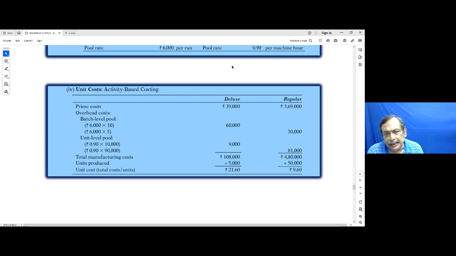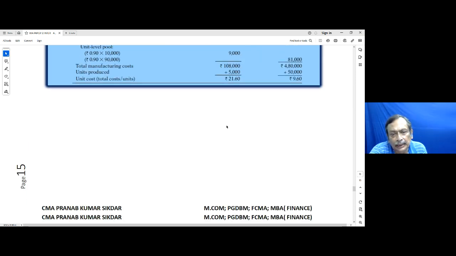So 1,08,000 divided by units produced 5,000, we get the unit cost, that is total cost by units. It comes to 21.60 and also 9.60. Hope you have understood this.